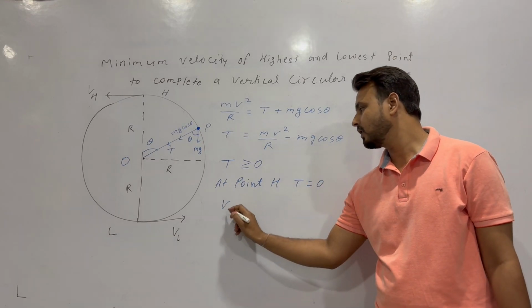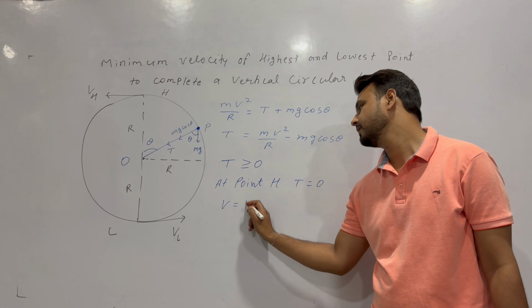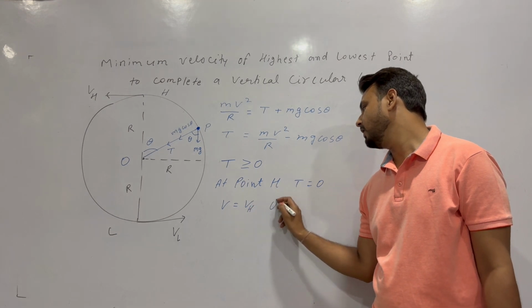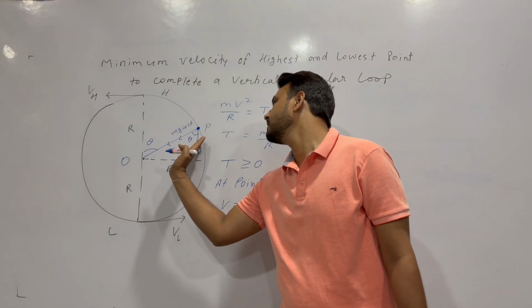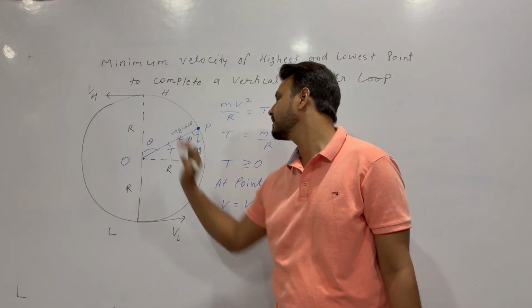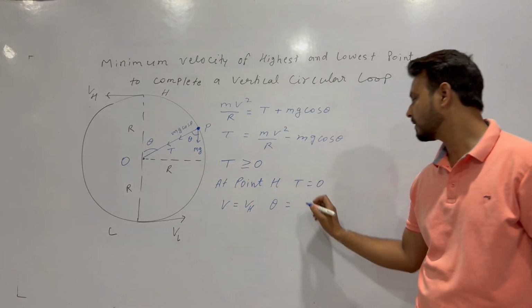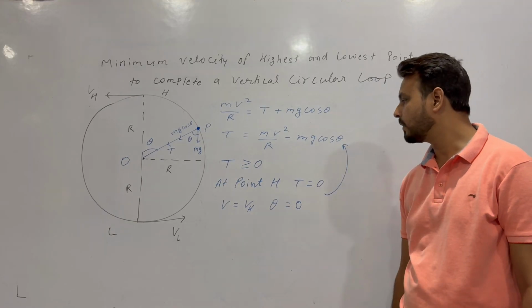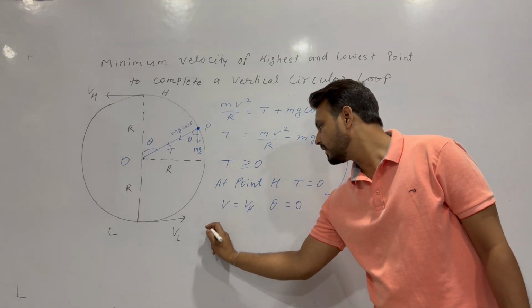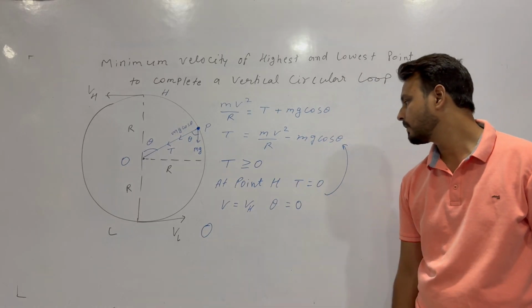Also I am taking velocity at the highest point as Vh, and the value of theta at the highest point will be equal to what? If this ball shifted from P to H, theta will be equal to 0.